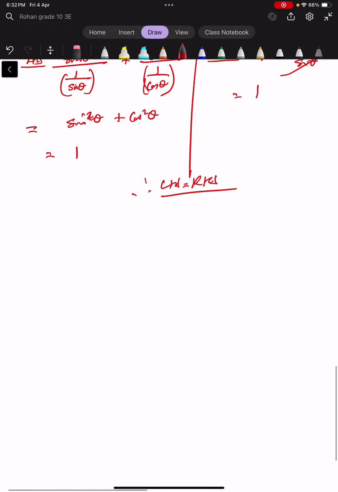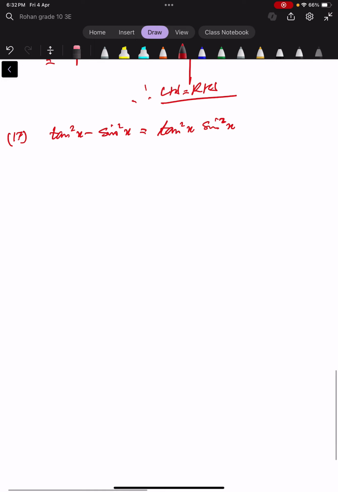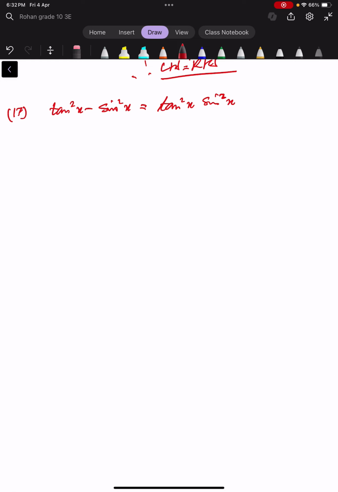17th: tan squared x minus sine squared x is equal to tan squared x into sine squared x. The left-hand side: tan squared x.